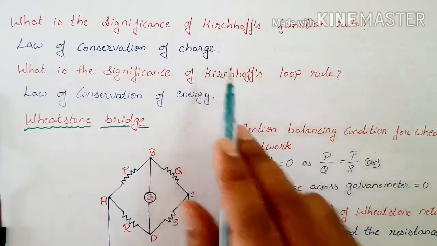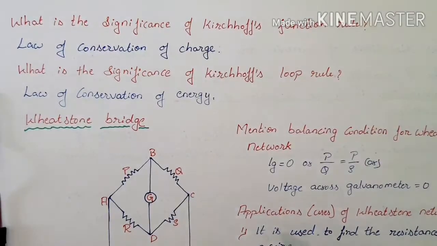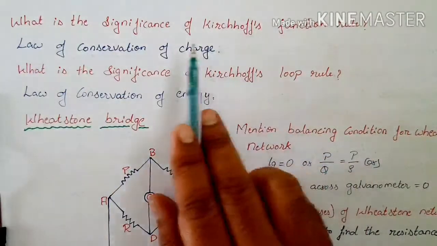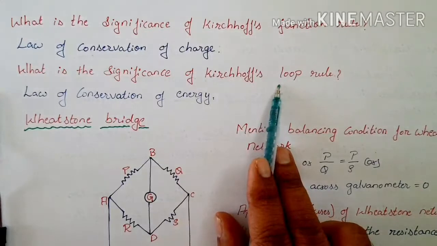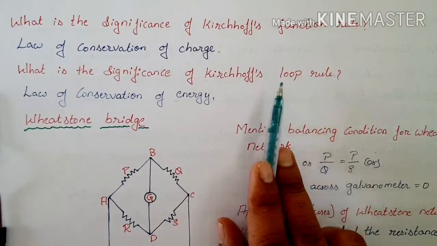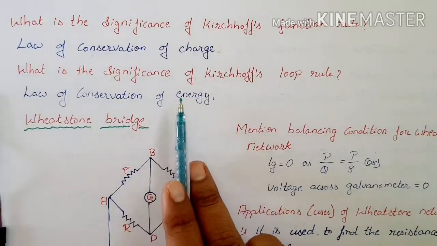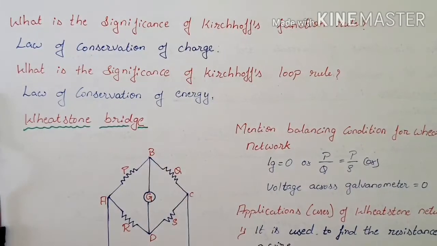The total amount of charge is conserved. The same way, the significance of Kirchhoff's loop rule, or Kirchhoff's voltage law, is the law of conservation of energy. Energy remains conserved in the circuit; it is neither created nor destroyed.